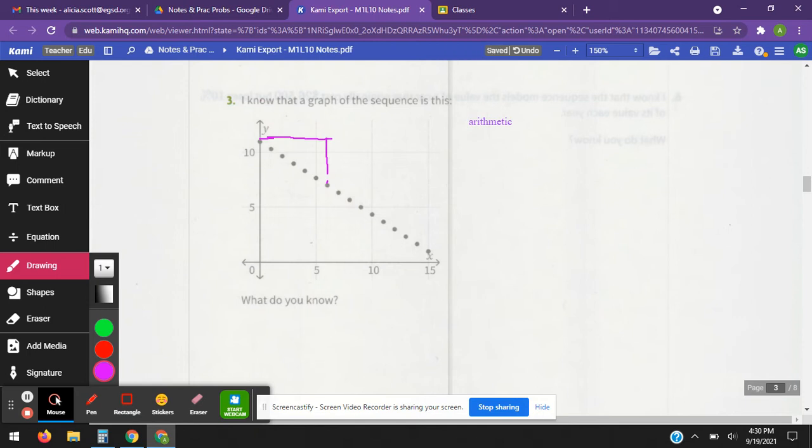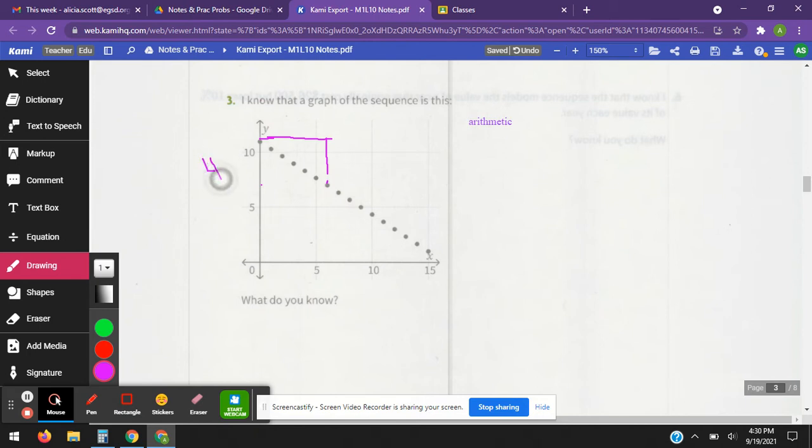So for number 3, it's negative, and it kind of looks like it's going down from 11. So my slope, my y is 11 to 7.